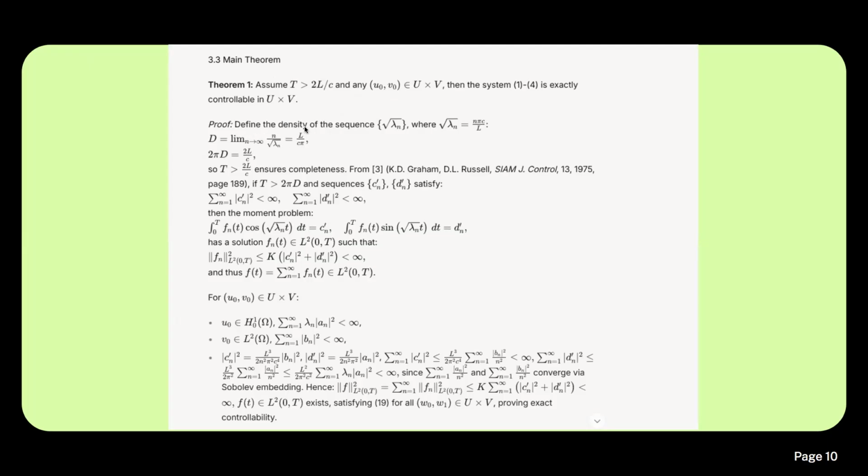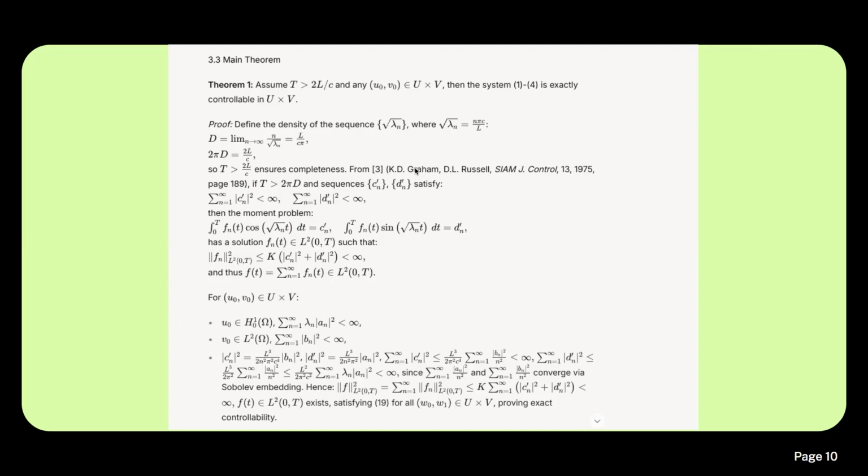We define the density of the sequence of the values lambda n, and the density is D, this one, L over c pi. So 2 pi D is 2L over c.